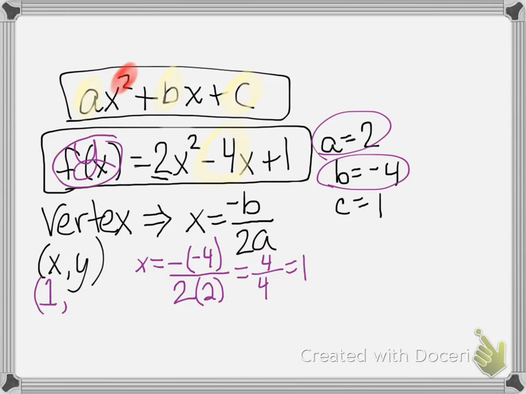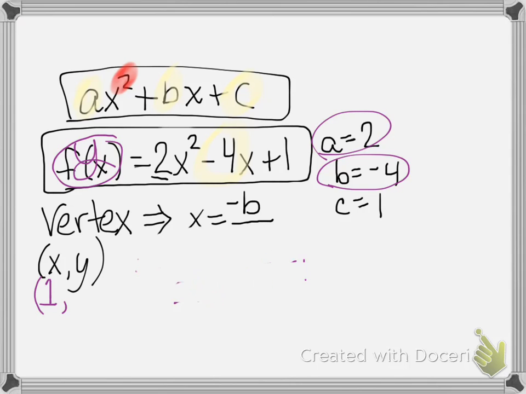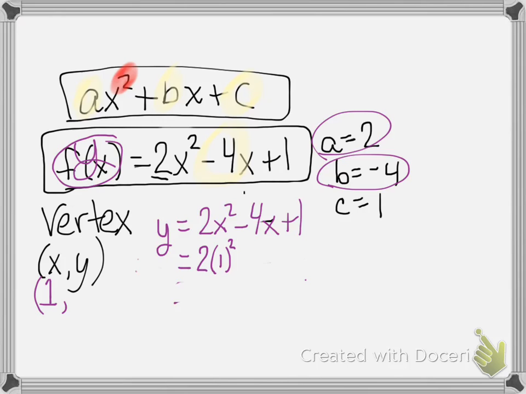So I'm going to erase here just so I have a little bit more room. So now if I want to find y, I know that y equals 2x squared minus 4x plus 1. And I know my x was 1, so I'm going to go ahead and put 1 in here for the x.